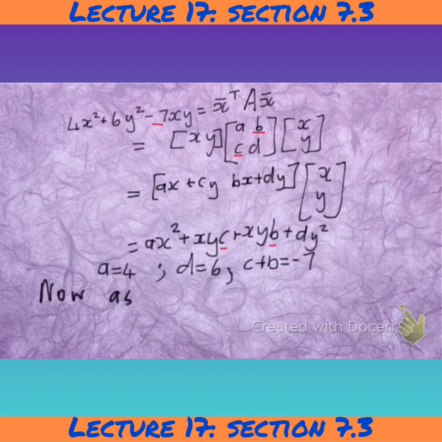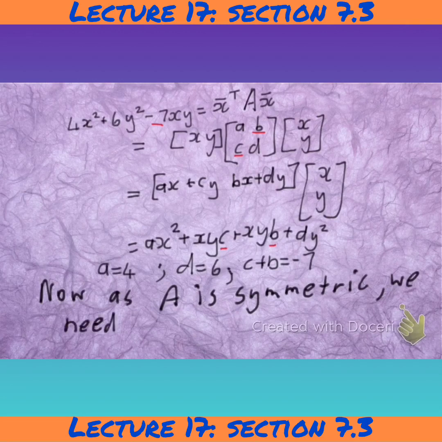Now as A is symmetric, we need C and B to be the same. So C needs to be minus 7 over 2, and B needs to be minus 7 over 2.